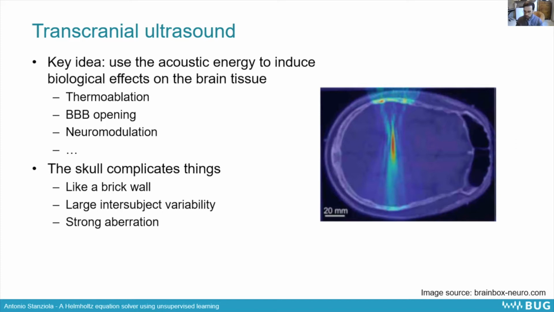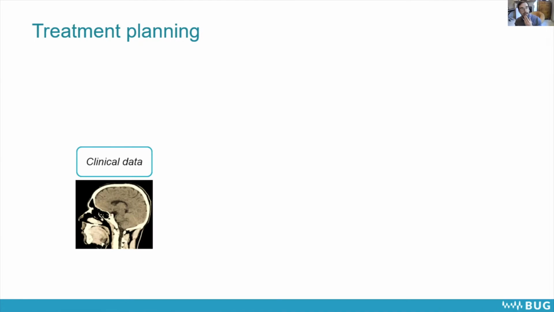Therefore, we have a pipeline for treatment planning that we use to understand how to transmit such an ultrasound wave. Treatment planning works like this. We start from some form of clinical or anatomical data, such as an MRI or a CT.